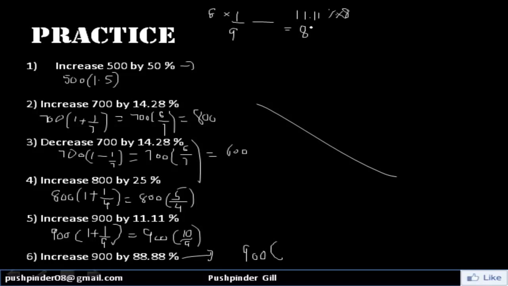So I will have 88.88%. So 88.88% is equivalent to 8 by 9. So that would be equal to 900 into 1 plus 8 by 9, that is 17 by 9, and my answer is equal to 1700.